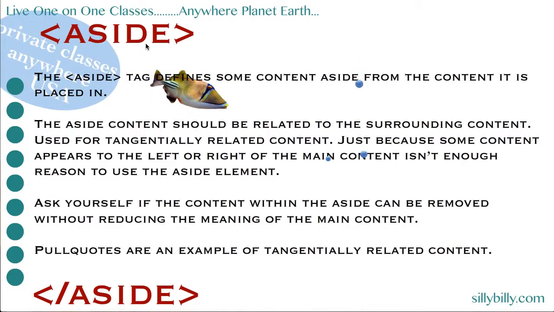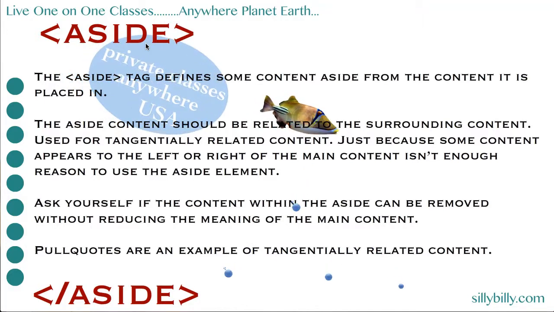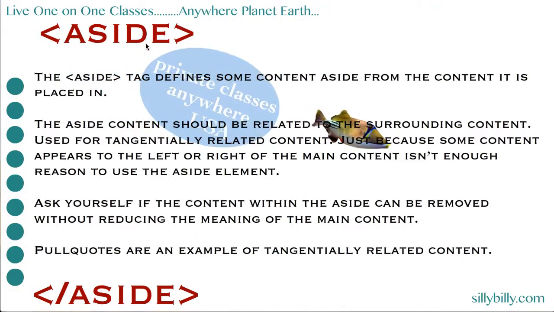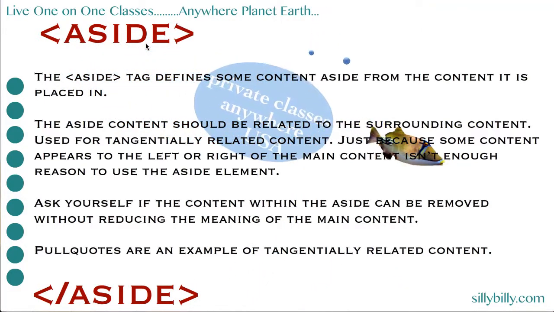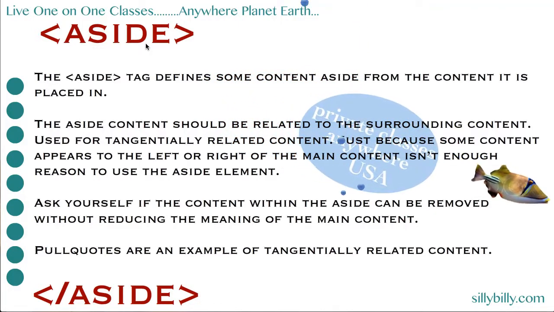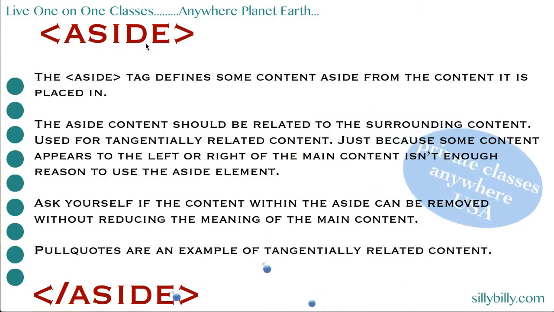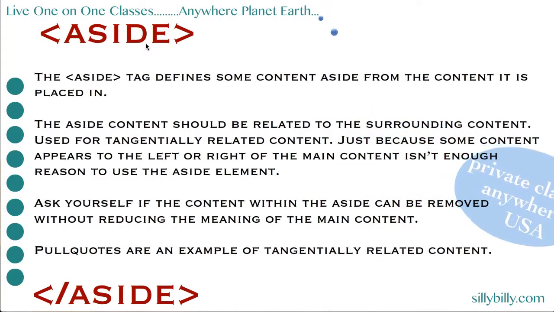Okay, but that's kind of related to the section. But the aside, that's just like, hey man, oh, and then the aliens came down and they took everybody's cars. Nobody could see. Okay, that's an aside. That has nothing to do with Jim Bob and his corn. That has nothing to do with the section we were writing about.